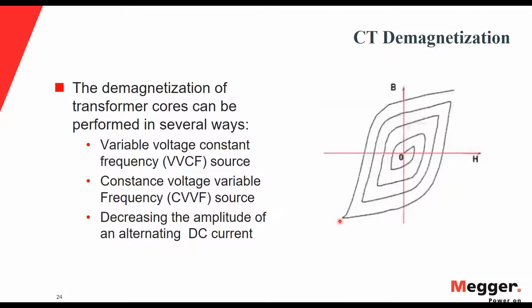Then they inject another DC in the other direction, but with a lower time, and so on and so forth until they reach a very low remnant magnetism inside the CT. It is very important to do this in order to be able to do the other tests after the winding resistance test.